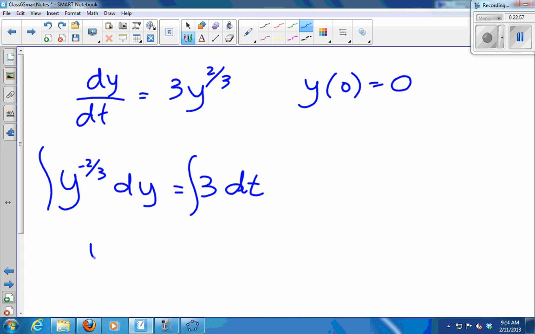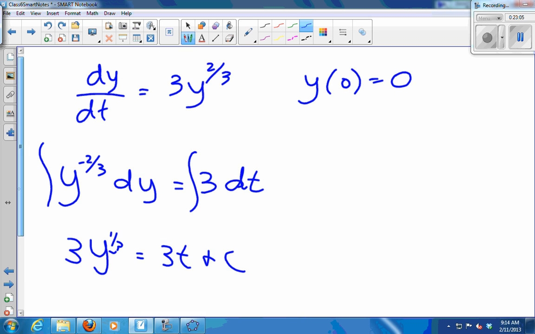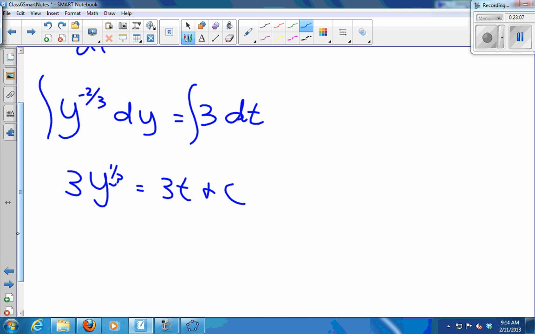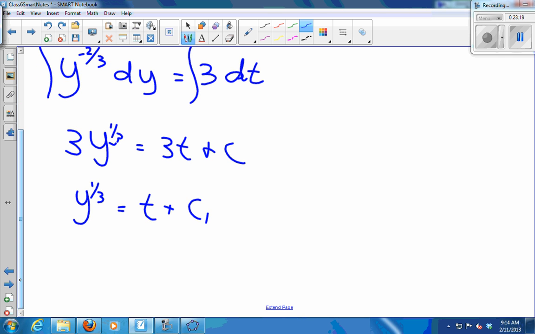So I get y to the 1/3 over 1/3 equals 3t plus c. Y to the 1/3 equals t plus c1, dividing both sides by 3. And then cube both sides. So I have y equals t plus c1 cubed.